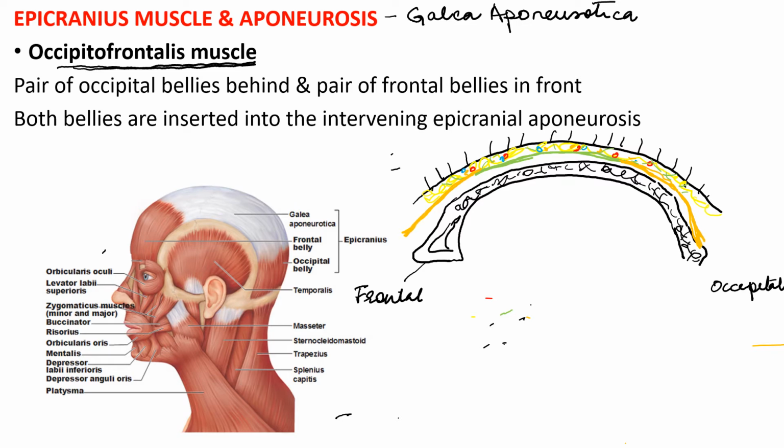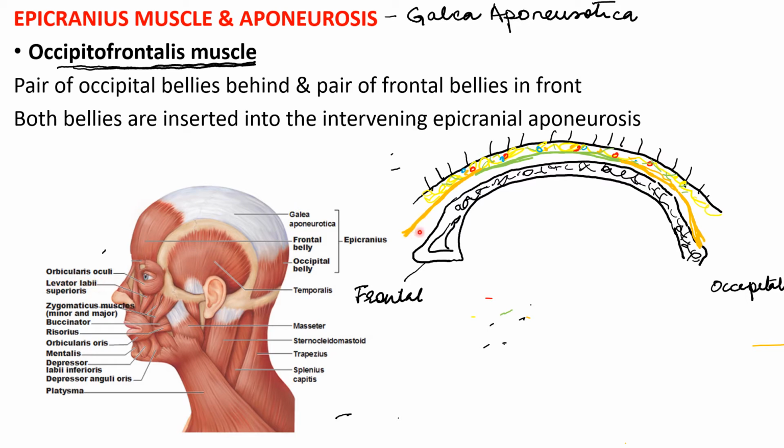I just told you that this muscle attaches to the skin and the connective tissue like the other muscles of the face. And where does it attach? To the skin of the eyebrows. It attaches to the skin which is present around the eyebrows, as well as you can see in this particular diagram, it gets continuous with the other muscle which is going to be present around the orbit and is the muscle of the eyelid, the orbicularis oculi.